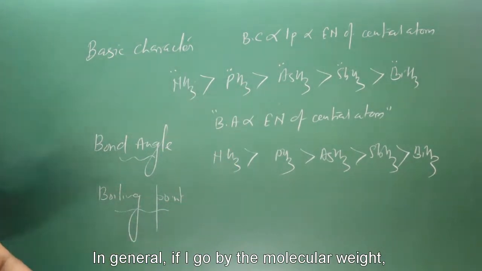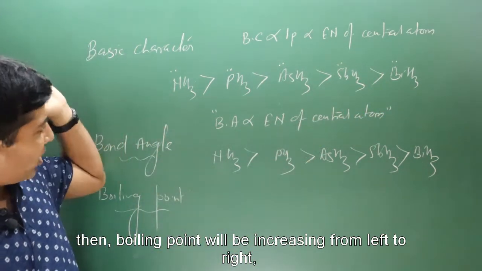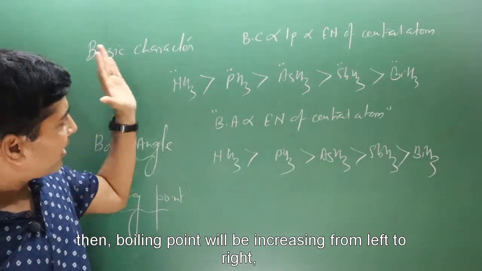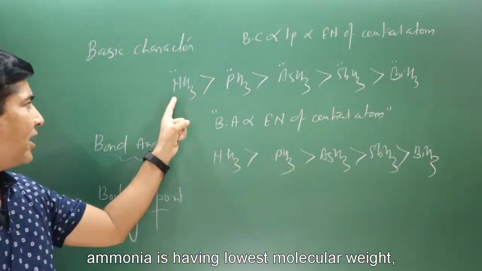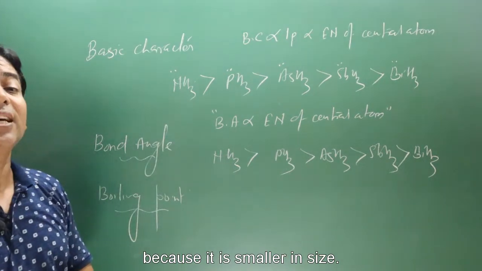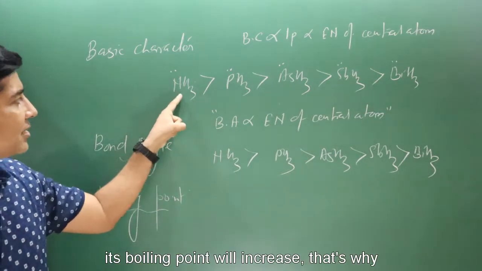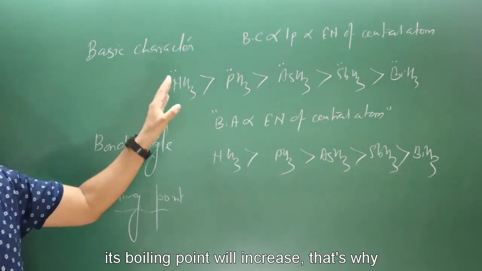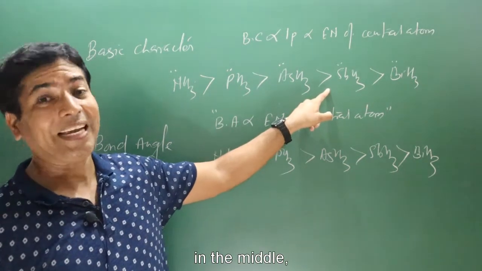In general, going by the molecular weight, boiling point will increase from left to right because molecular weight is increasing. Ammonia has the lowest molecular weight because it is smaller in size, but since it has hydrogen bonding, its boiling point will increase. That's why it jumps from its position to the middle.